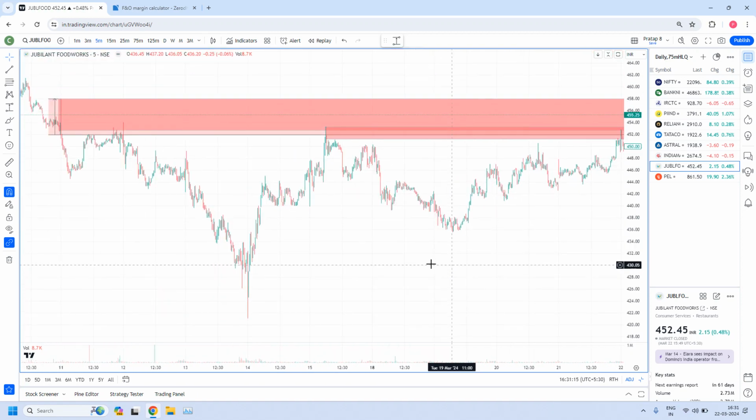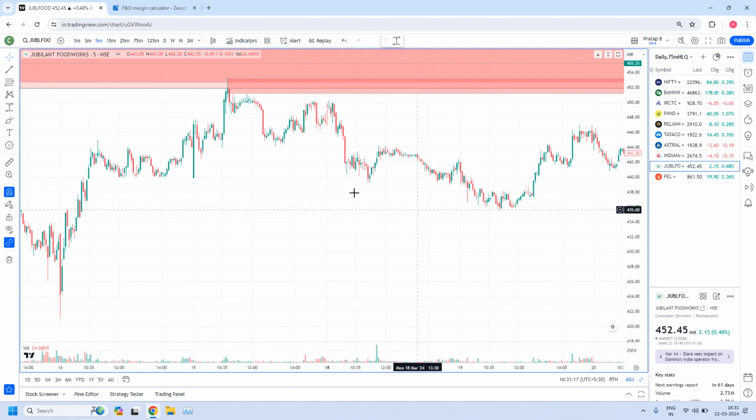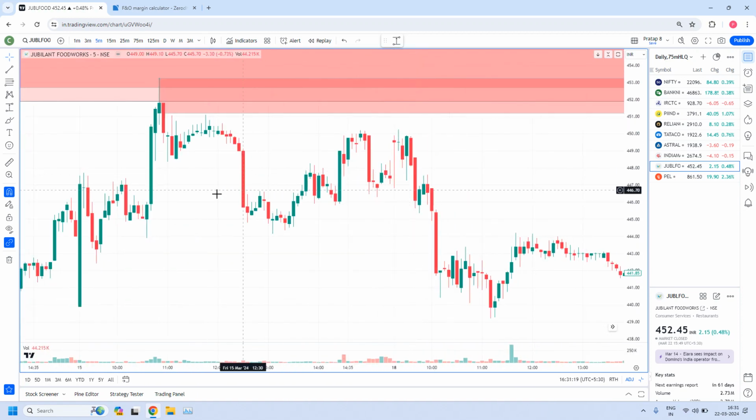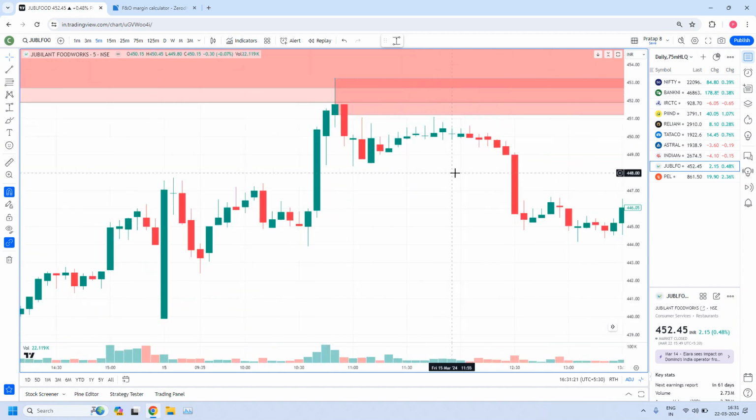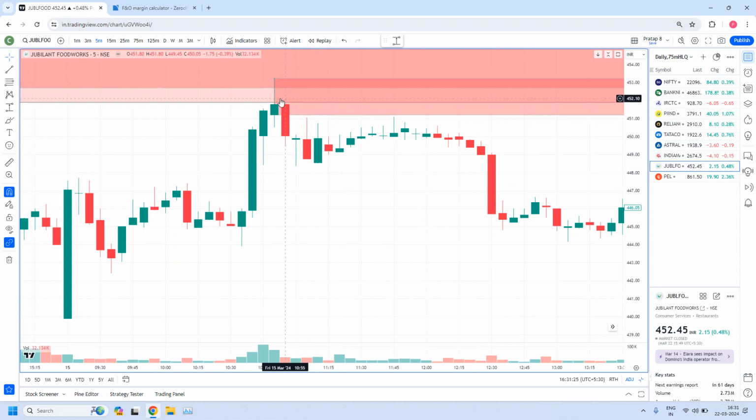And today prices reached this area. But as I told you earlier, it's not advisable to take the trade outside. What you can do? You adjust the risk. Instead of type 1, you take type 2 entry.